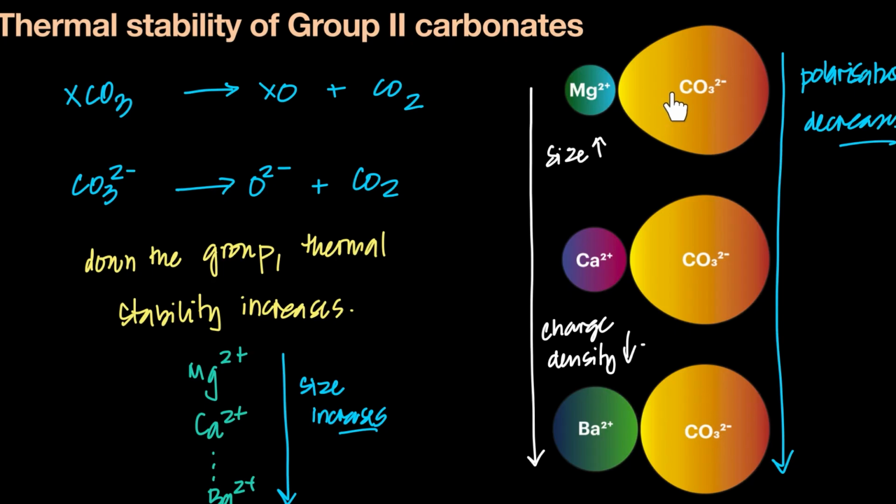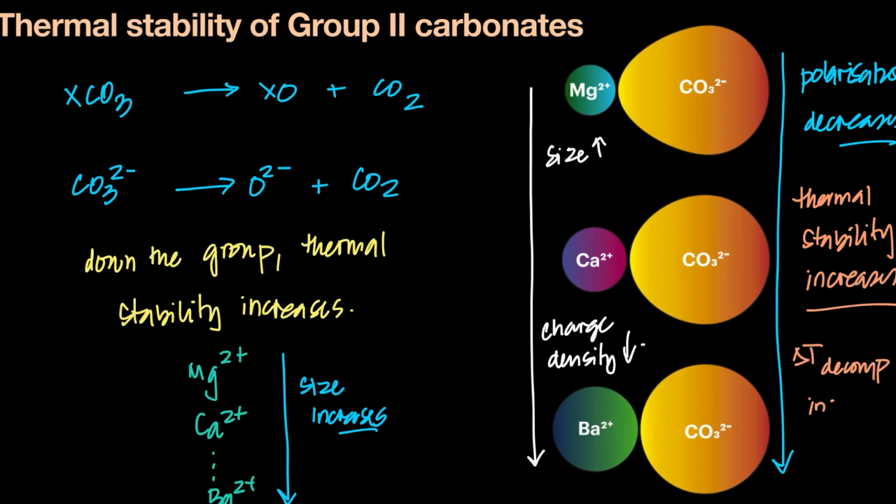So magnesium carbonate requires less energy to break, and barium carbonate requires more energy to break. So down the group, as polarization decreases, thermal stability increases. Or you could say the temperature for decomposition increases.